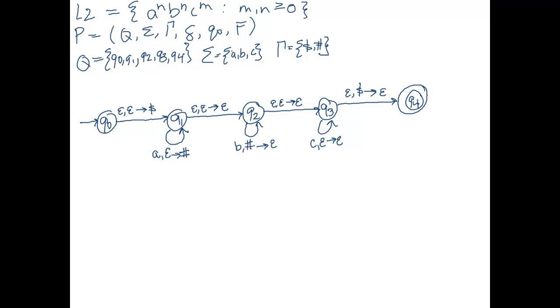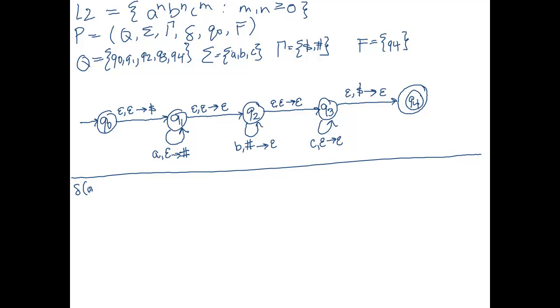Okay, so back to our definition. Q0 is our start state, and then F, our set of final states, is just Q4. Let's write out all of our transitions for delta, our transition function. Delta of Q0, reading nothing from the input and nothing from the stack, we go to state Q1 and we push a $ sign.